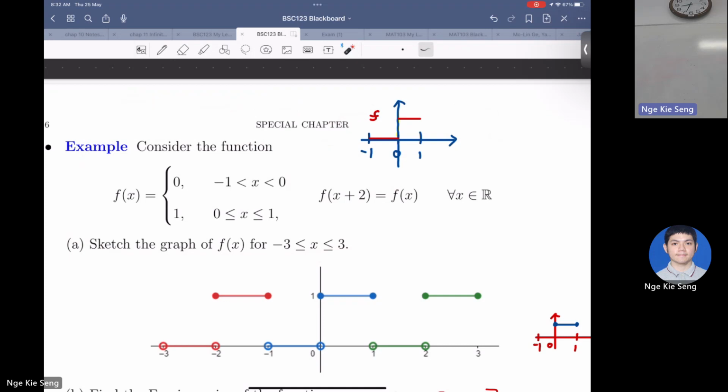Then we want to find the Fourier series of this periodic function. Remember that the periodic function and its Fourier series are different things, because what you produce later is a continuous function. Here it's not continuous, right? So you should imagine something like this.